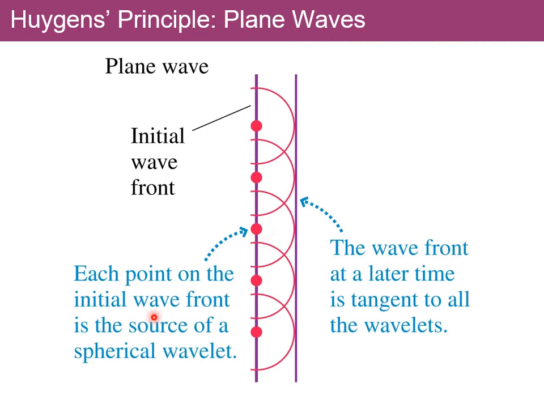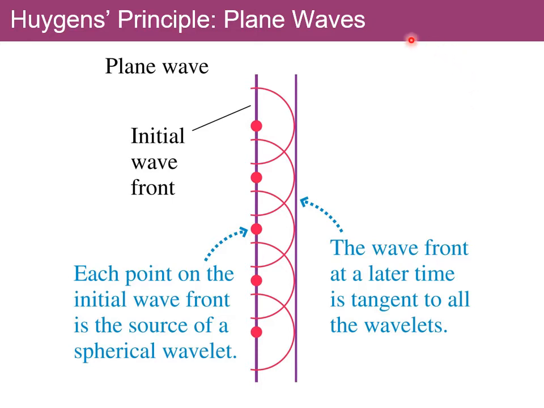We turn now to Huygens' principle. Here we see a representation of a plane wave. The essence of Huygens' principle is that every point on the wavefront is itself the source or seed of a spherical wavelet that travels at the speed of the wave in a given medium.